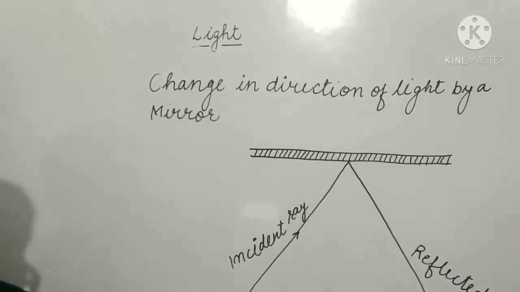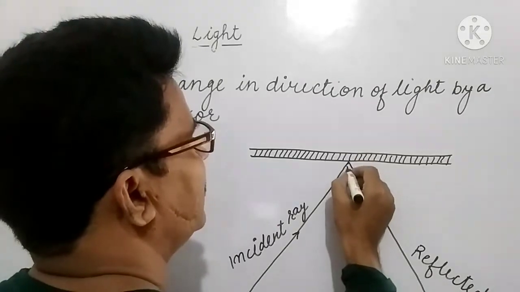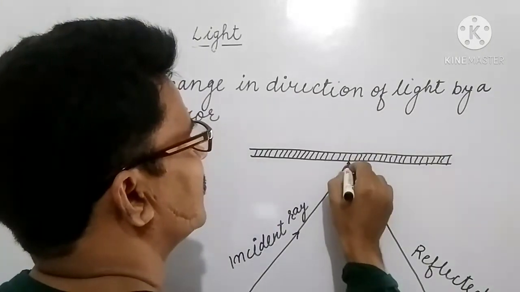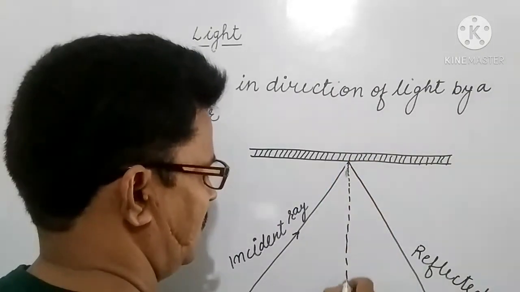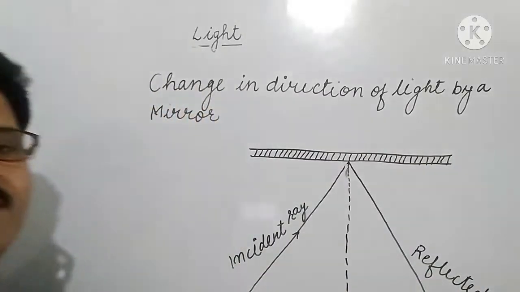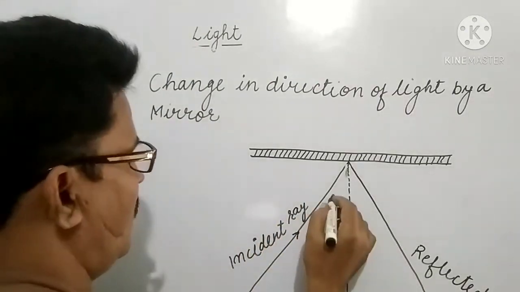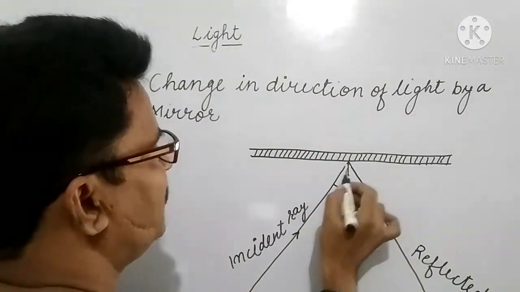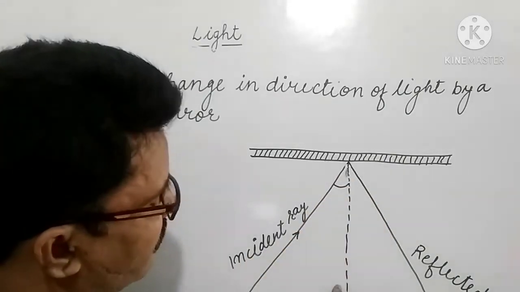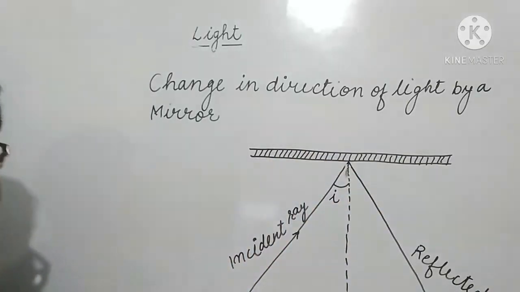Now you draw a line in between. This is the normal at the point. The angle between the incident ray and the normal at the point is known as the angle of incidence.